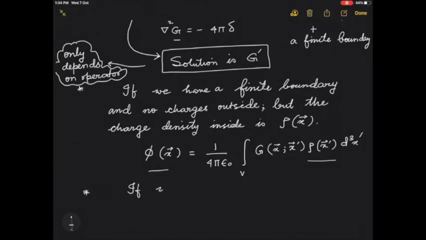So let's say, what happens if we have our boundary condition on G?